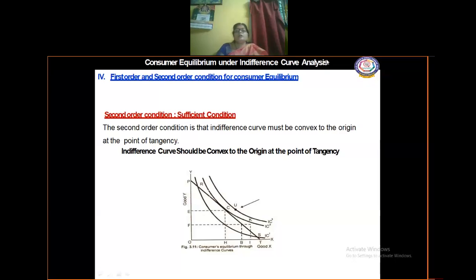So this is the convex curve. You can see all the IC curves are convex, and IC3 is also convex, but IC2, which is the equilibrium IC curve, is tangent to the income line, but it must also be convex and it is true.